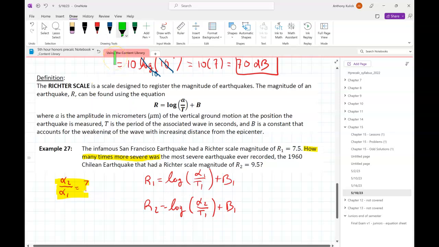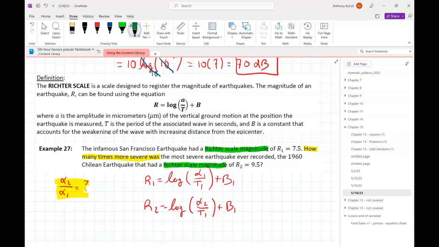Now, because what we're given are Richter scale magnitudes, what that means is that the correction factor for whatever that measurement was would have been applied, right? So essentially what that 9.5 and 7.5 is would be a measurement of the earthquake at its epicenter.